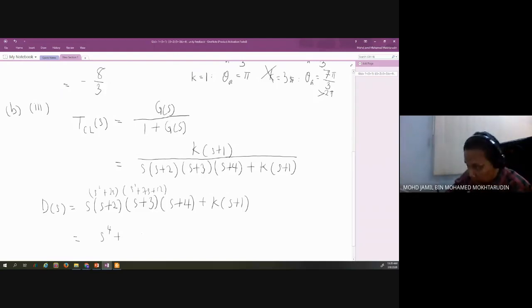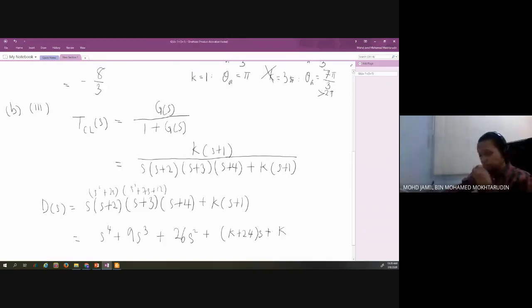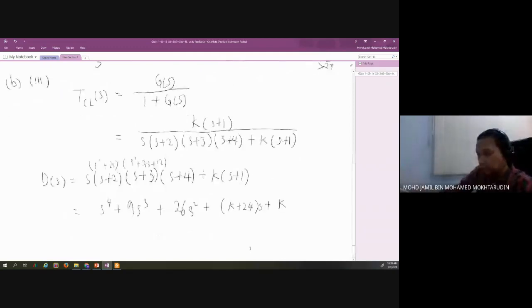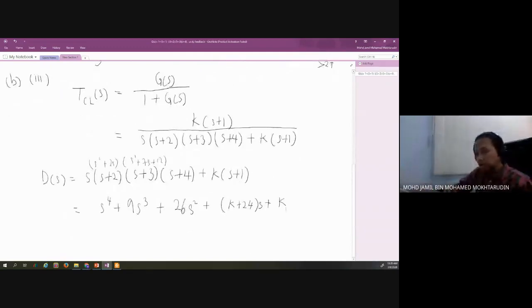So you get s to the power 4 plus 9s cubed plus 26s squared plus (K plus 24)s plus K. Okay, so you have this, then you can draw the Routh-Hurwitz table.